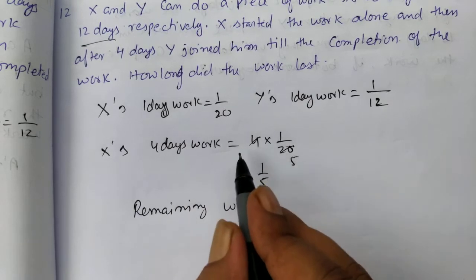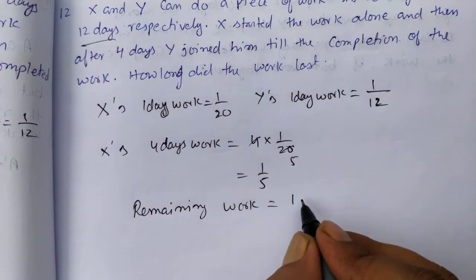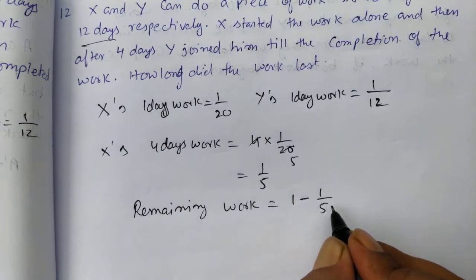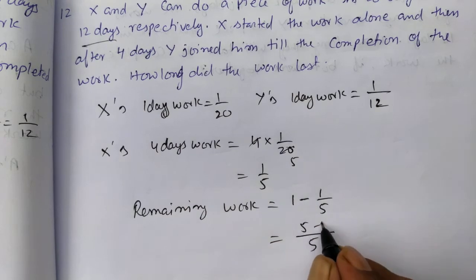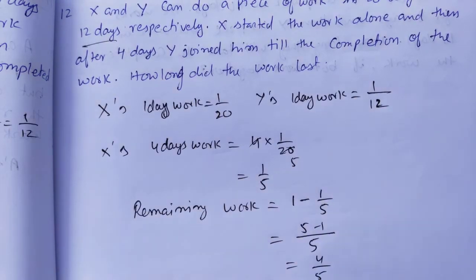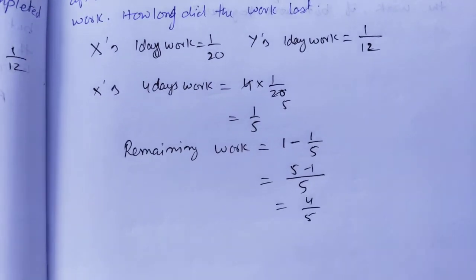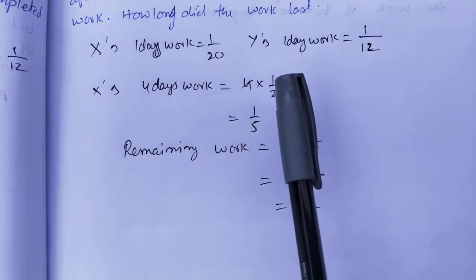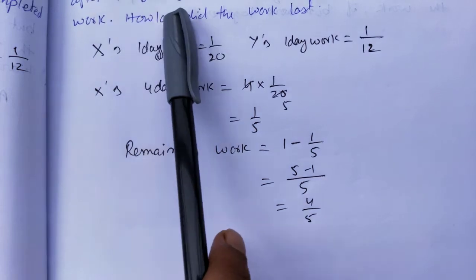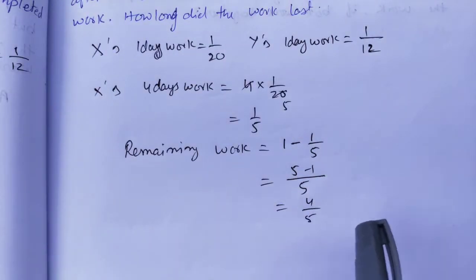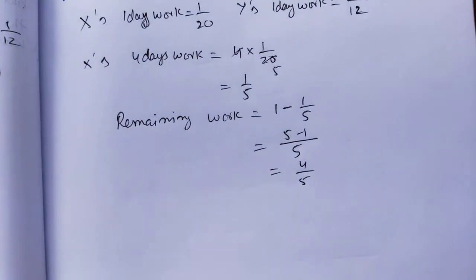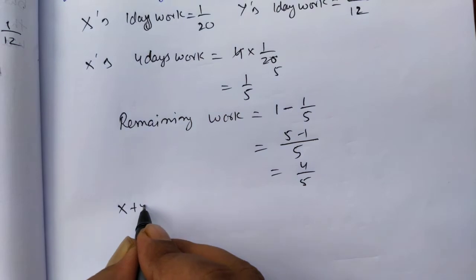X has done this much part of work alone, so we subtract from 1. That means 4/5 part of work is left, and this was done by X and Y together. So we have to find the combined 1 day work of X and Y.